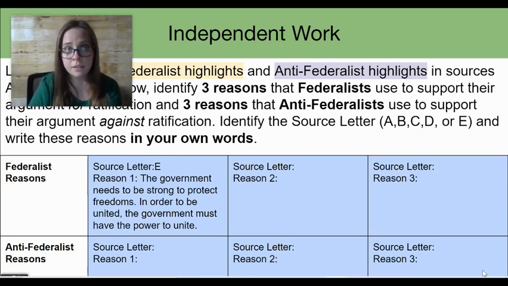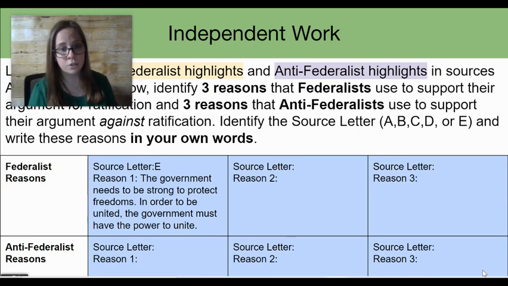So my friends, your job now is to go back into the sources and find reasons for why we need a strong federal government coming from those Federalists, and reasons why at the time we don't need a strong government that's centralized through the Constitution coming from those Anti-Federalists.